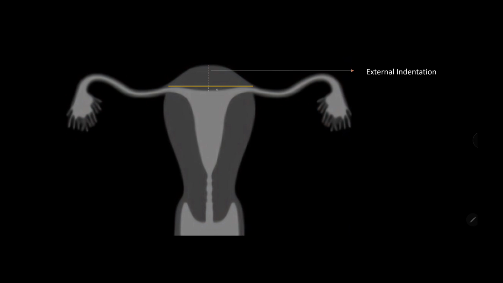And if we draw another line perpendicular to the intercornual line but in the opposite direction towards the internal indentation, this line measures the internal indentation. And if we measure the angle present between the two cornua as depicted in this image, this becomes the intercornual angle.